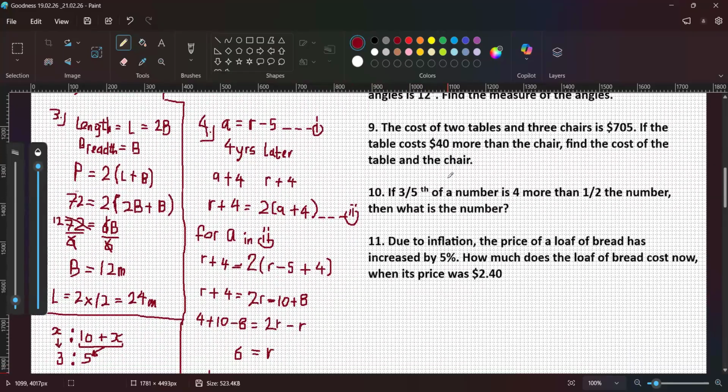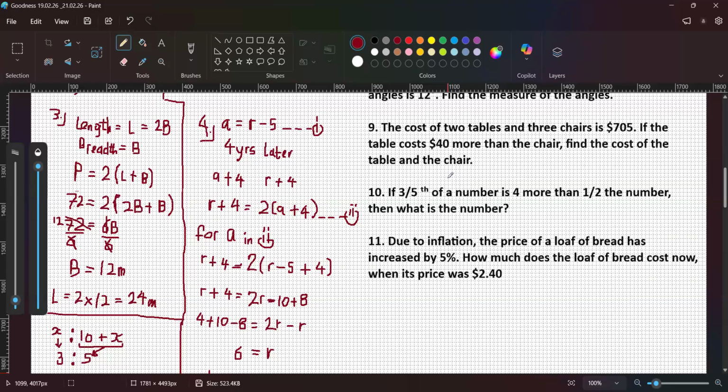Let's see. The cost of 2 tables and 3 chairs. Notice how the question starts. The cost of 2 tables and 3 chairs. The total cost of these 5 furniture is $705.